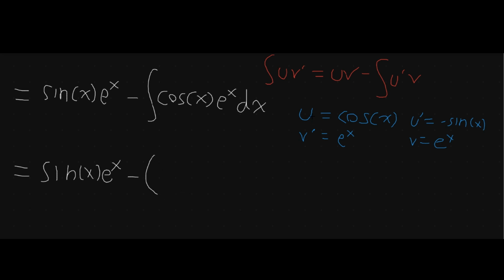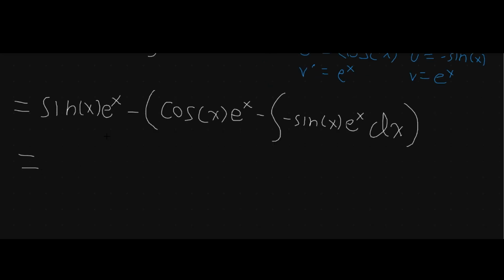So we have u times v, where u is over here and v is over here, so cosine of x times e to the x, so we get cosine of x e to the x minus the integral of u dash times v, so the product of these two, so we get negative sine of x e to the x dx.